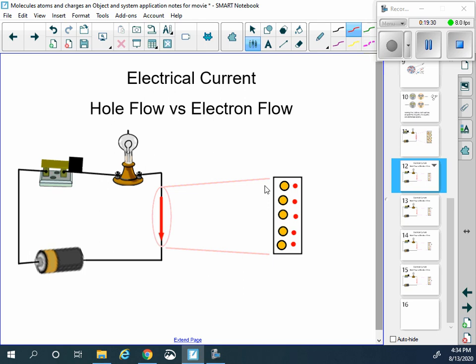The one closest to the battery is going to notice that there's a chance to move over, so it's going to move over first. So this electron is going to leave the atom and move toward the positive side of the battery. Not a whole lot, just an atom's distance.